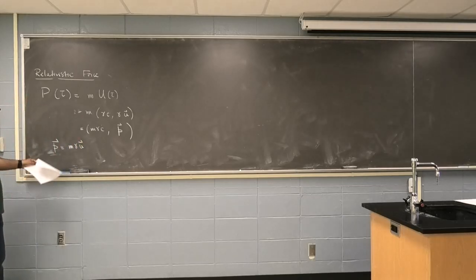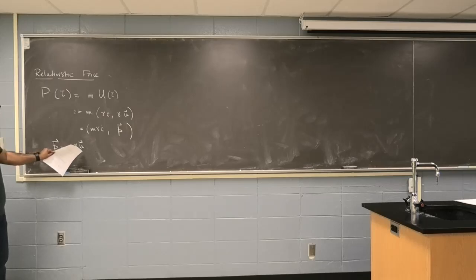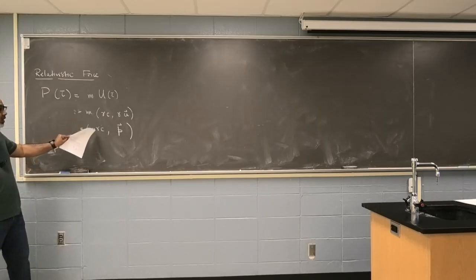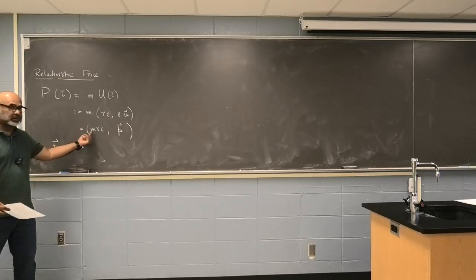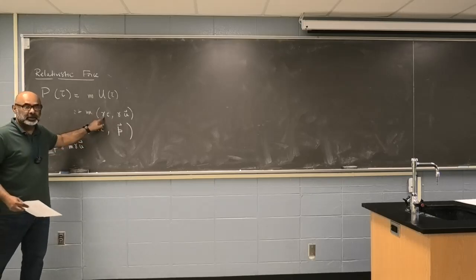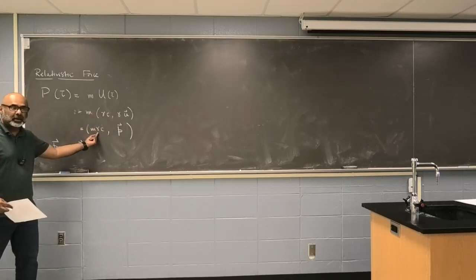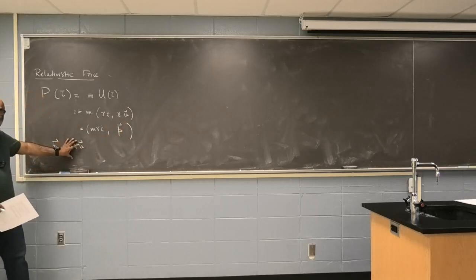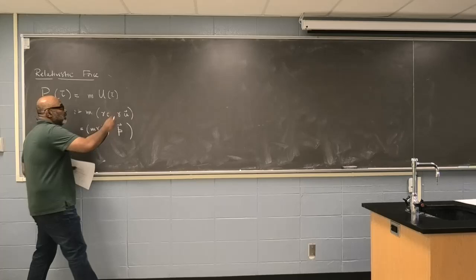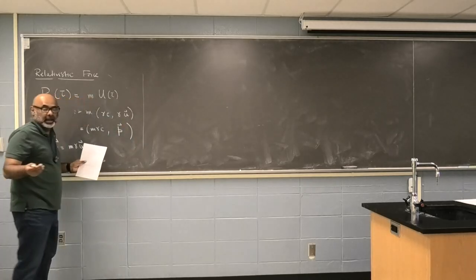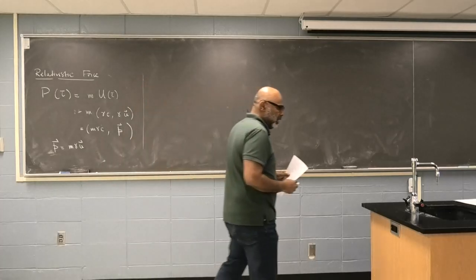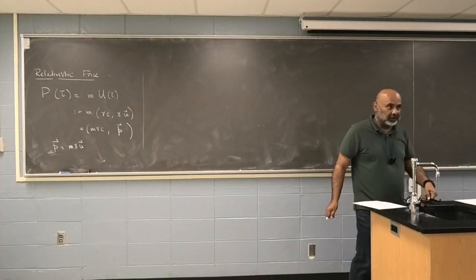Now you might say, well, I had a choice of calling it m times u or m times gamma u. Why did I absorb the gamma? Here I just explicitly wrote the gamma, here I didn't. Whatever is on that side, I called momentum. There's a reason for it. For us, it works out. It's a consistent definition. Things will go smoothly. But there's a little bit of physics you need to consider.